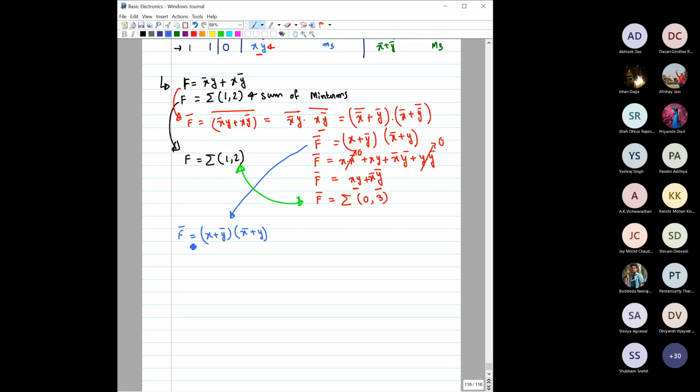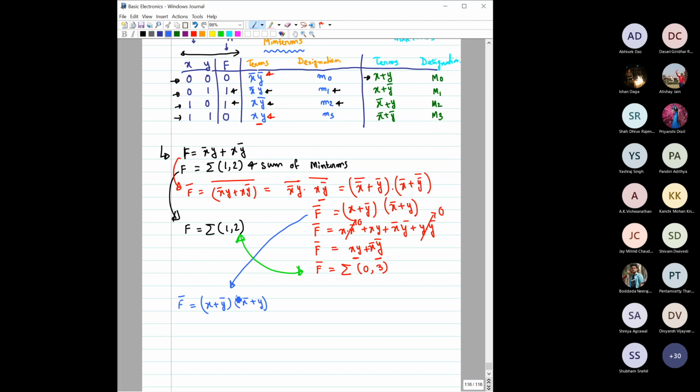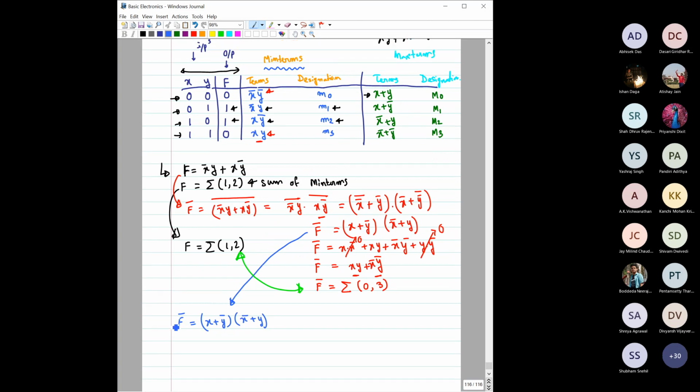Now this is f dash, and you see it is represented in terms of the max term form, because it is the OR operation first and then the AND operation between them. And for this max term, this term is x plus y bar, and this is this term. So it is f bar.